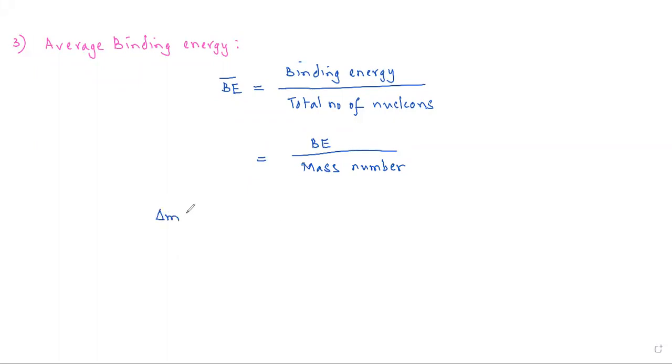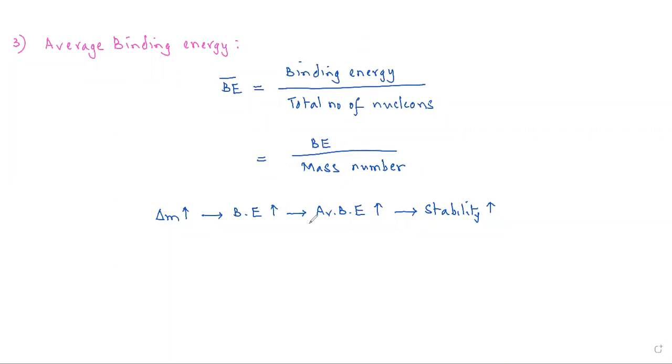Greater the mass defect, greater is the binding energy, greater is the average binding energy, and greater is the stability of the nucleus.